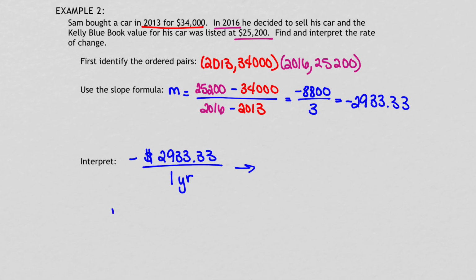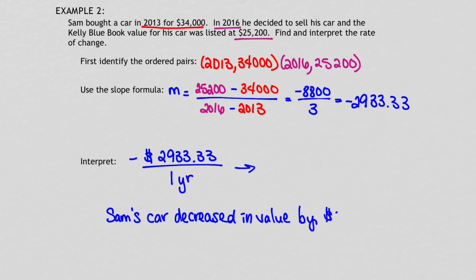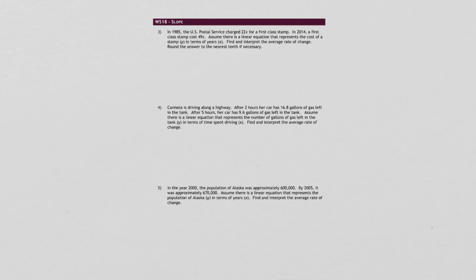This means that Sam's car depreciated or decreased, either way, decreased in value by $2,933.33 each year. And then there's a few of these for you to try.